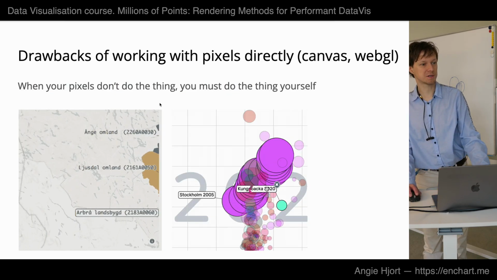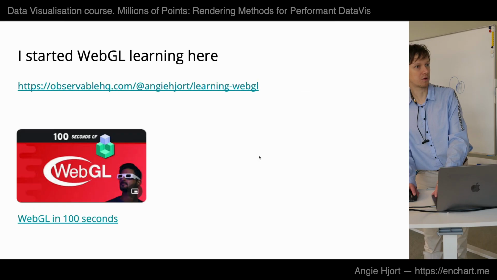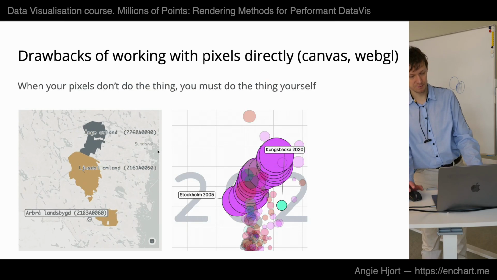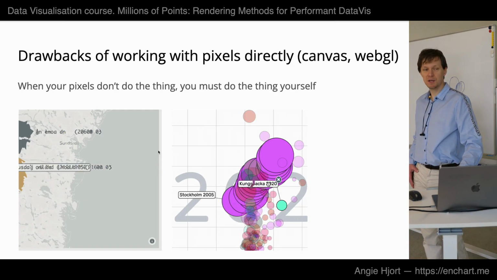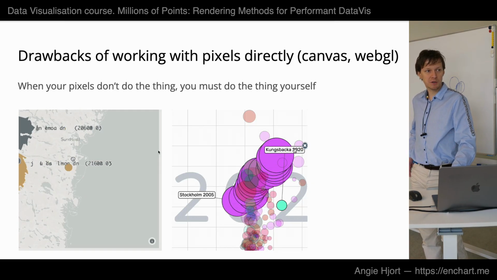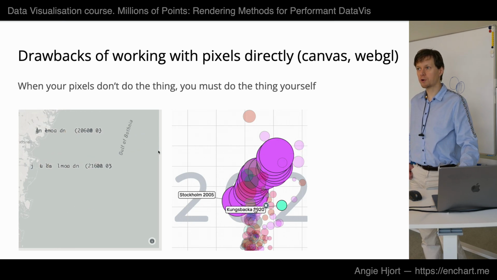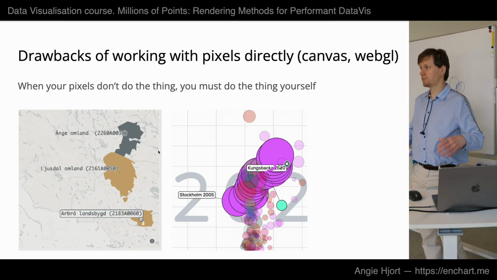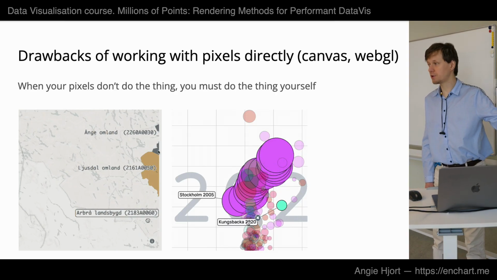What are the downsides? The downsides, apart from it being very hard to approach, is that it's hard to actually implement things. And when you work with pixels directly instead of the document object model, the DOM, these are the kind of bugs that you get.